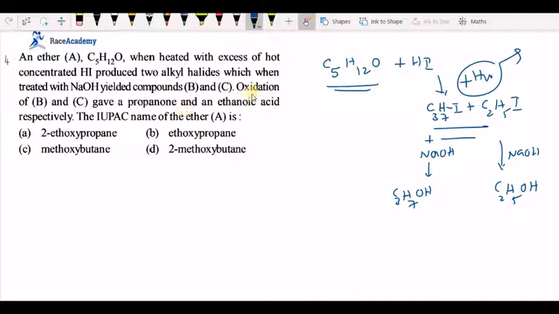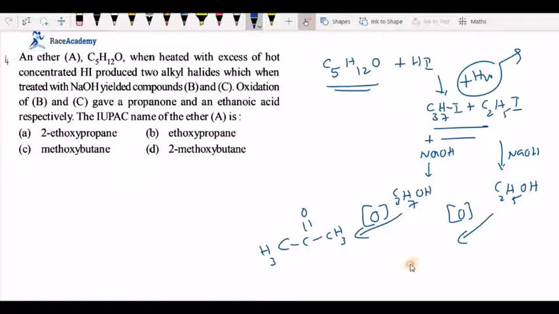And on oxidation, B and C give propanone. Propanone means the 3 carbon compound will become propanone, and on oxidation we get ethanoic acid.